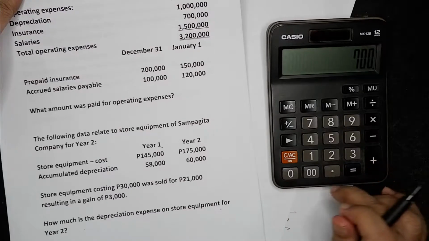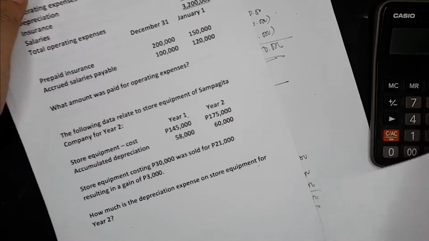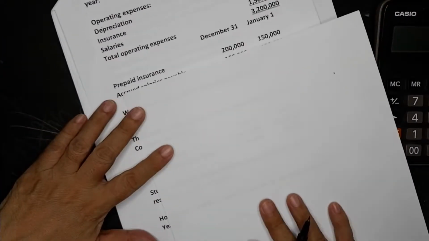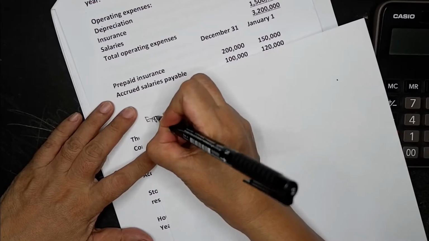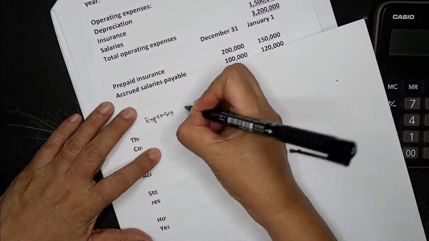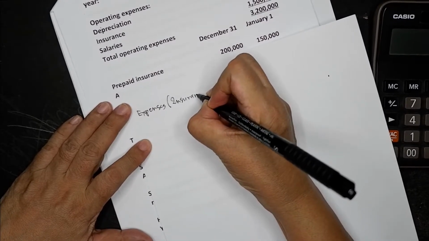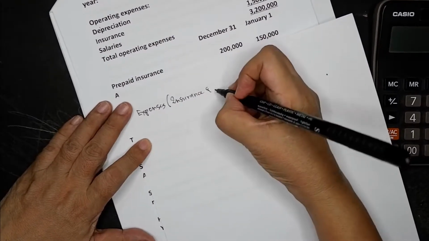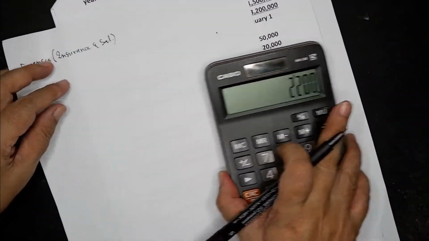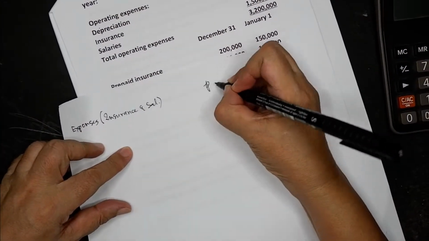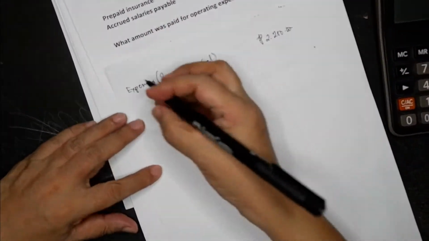So our expenses, that is insurance and salaries, is 2,200,000.